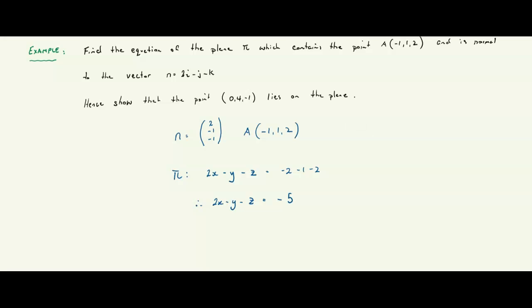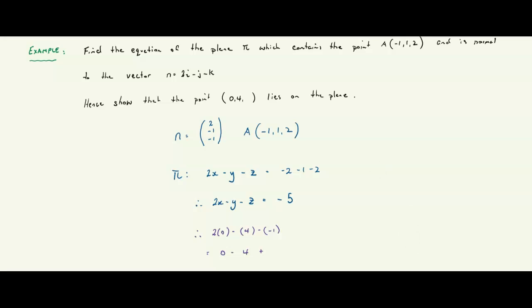So therefore, put 0 in for x, so 2 times 0. Put 4 in for y, and -1 in for z. And we will get 0 minus 4 plus. Okay, so I've just discovered a mistake with this question. This point does not lie on the plane. So in order to make it work, we're going to have to change that -1 to a 1.